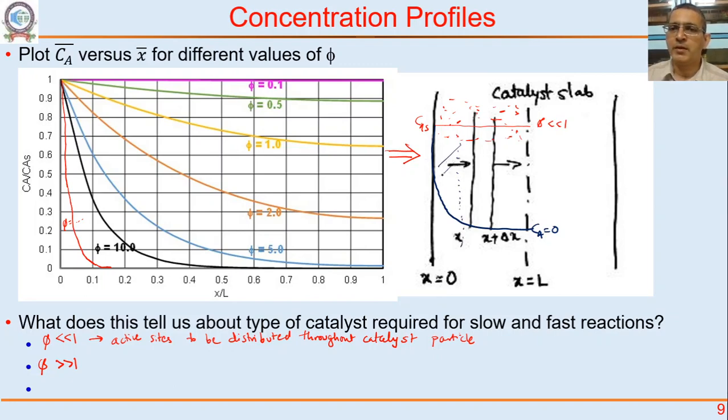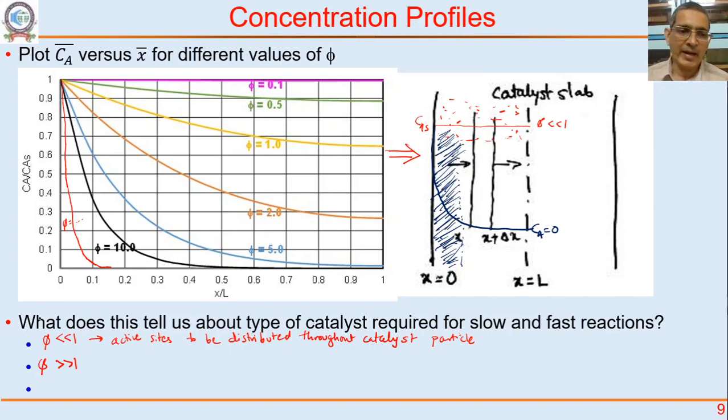So the concentration of CA is greater than 0 only in a narrow region near the surface. Concentration of A is 0 beyond a certain small region inside the surface.